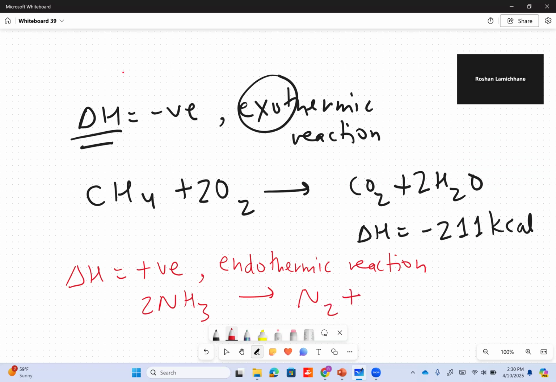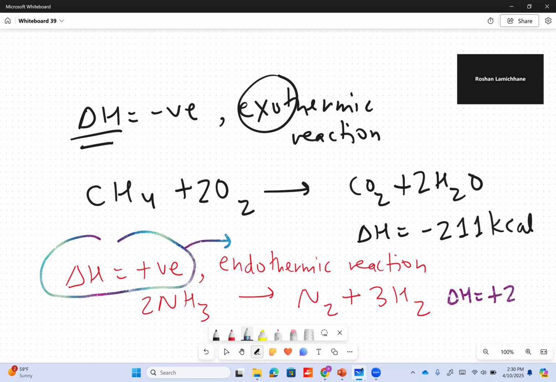And we know that this is an example of an endothermic reaction. This is telling me that when delta H is positive, it's an endothermic reaction. That is why I can write down delta H for this reaction is equal to positive 22 kilocalories.